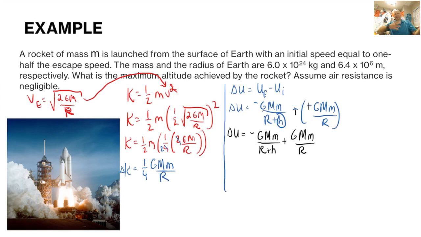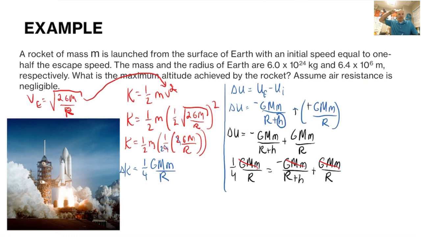And what do we say? Change in kinetic energy equals the change in potential energy. So 1/4 G M little m over R equals negative G big M little m over R plus H, plus G big M little m over R. So note that they all have that G times big M little m.